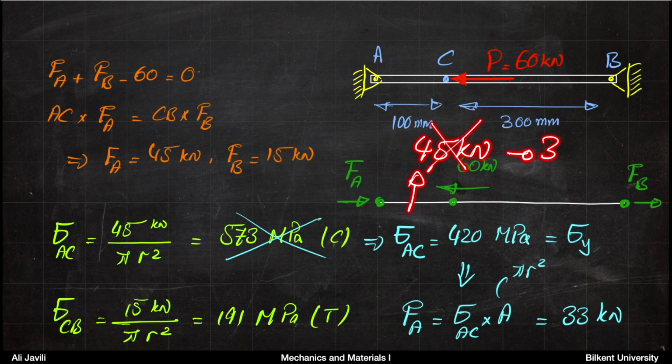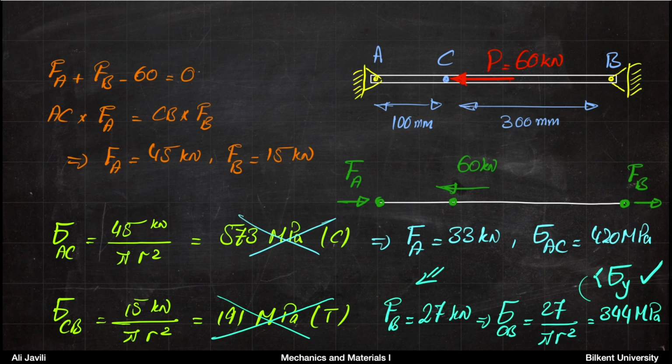It's rather 33 kilonewton. This is the maximum force it can carry, so it cannot be more than 33. If that is 33, then how much would be the force for BC? That would be 27 kilonewton.